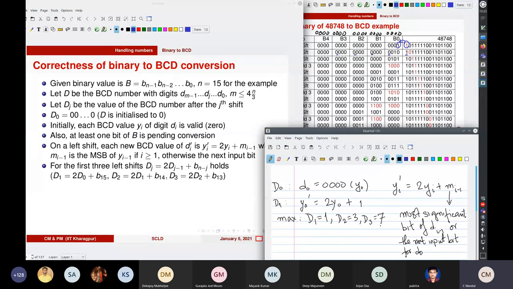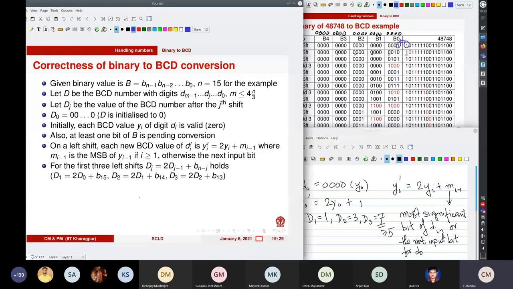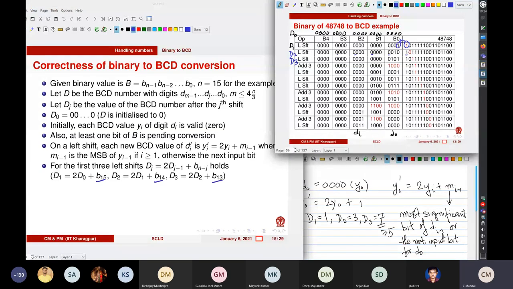Now, this one of course is greater than or equal to 5. But for D1, D2, D3, these relationships hold, as you can see. For D1 you are taking in B15, for D2 you are taking in B14, and for D3 you are taking in B13. I don't know how many bits are here: 1, 2, 3, 4, 5, 6, 7, 8.